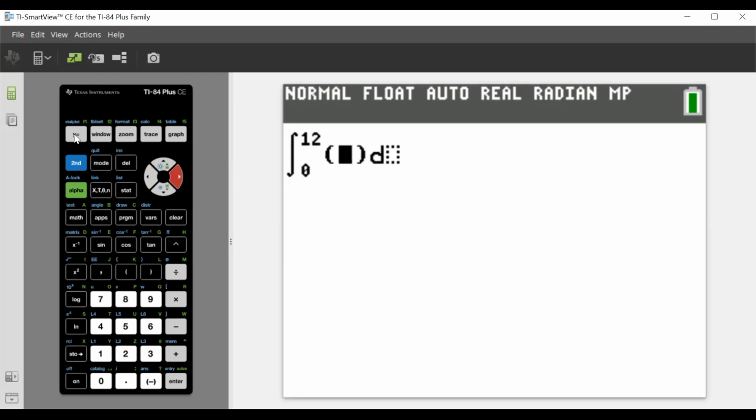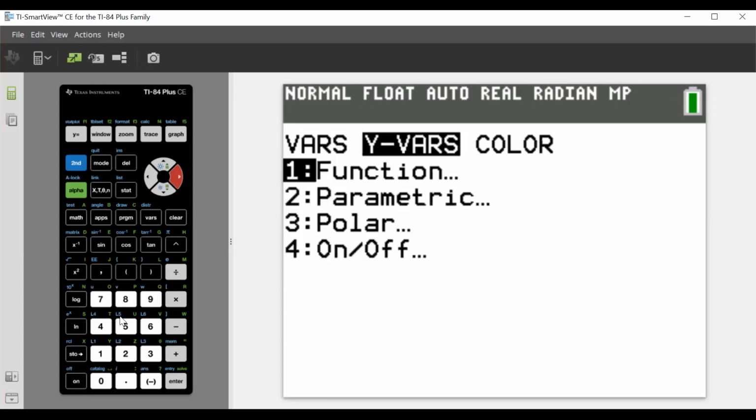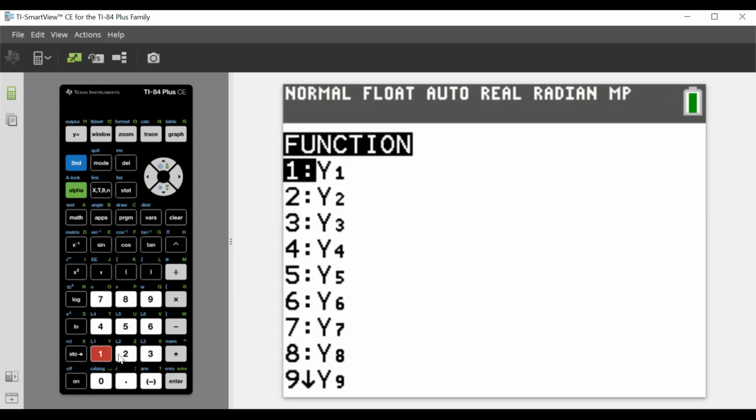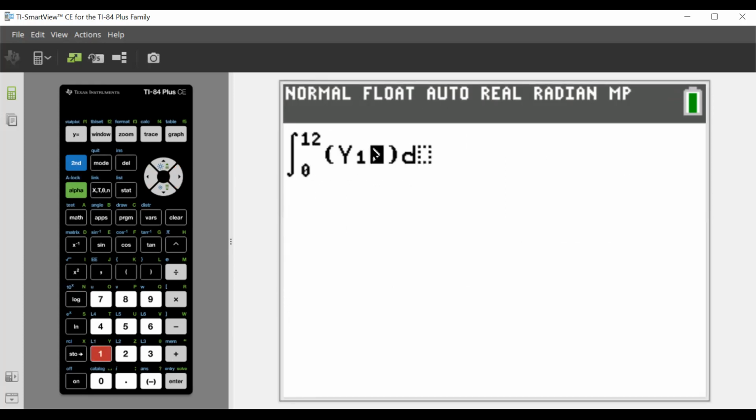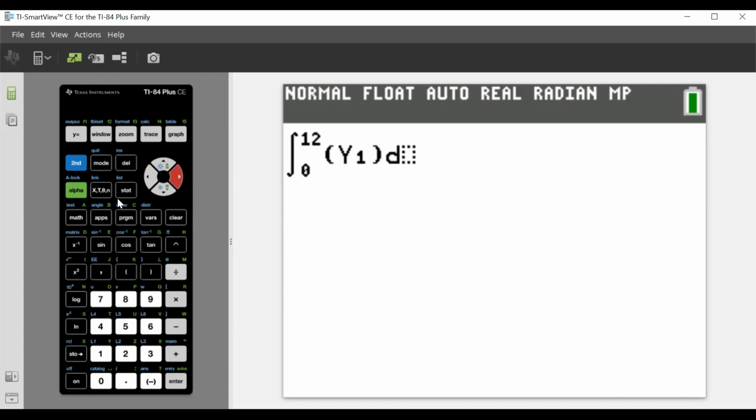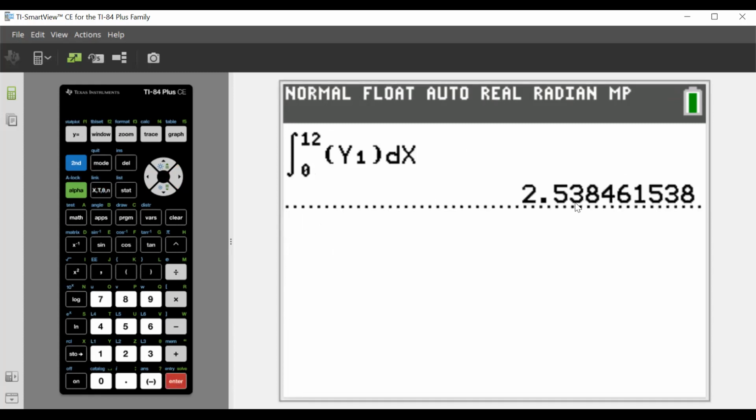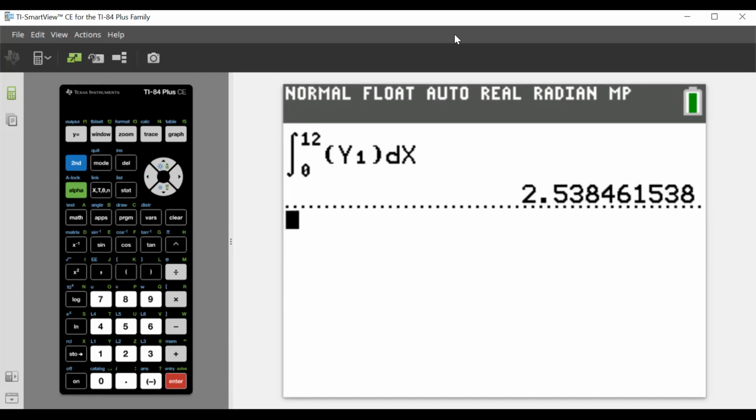Since we already have that over here, let's just say vars y1. Then we don't actually have to type the whole thing in here. That's going to make our life a little bit easier. Plus, we'll get a little bit more precise answer. And so that gives us 2.53846.